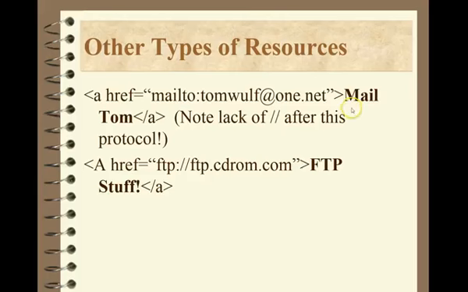The user will know that's a clickable link. When they click on it, it will open their local mailer, and it'll create a new message addressed to me at this address, and then the user can continue to complete the message and then send it. This is not an active address, by the way. That's a really old address that I once had.